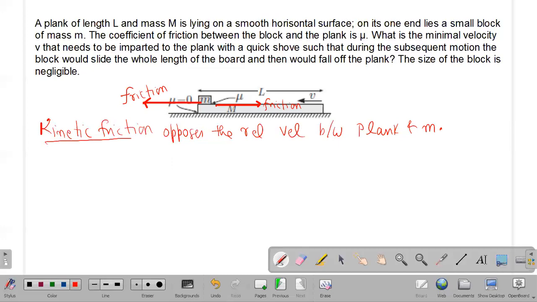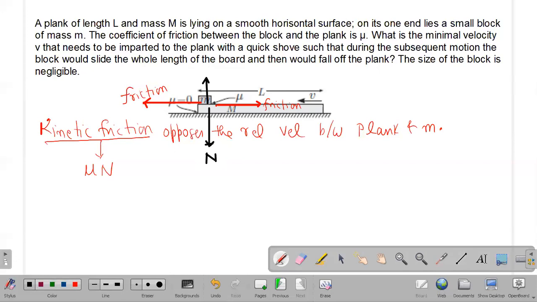And if it is a kinetic friction force, you can write it as mu multiplied by the normal reaction force between the two blocks. Notice, sometimes students are confused about which normal we have to consider. The normal which you need to consider in this question is the normal between the little mass and the bigger mass.